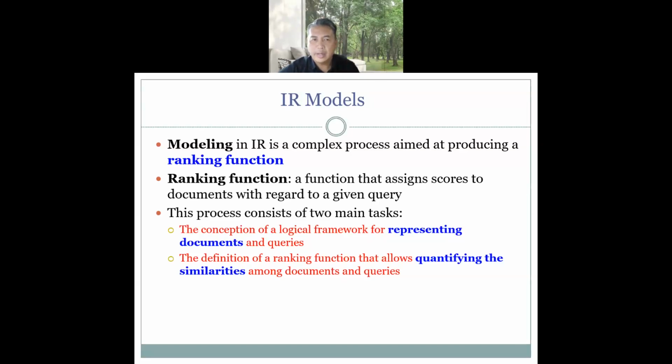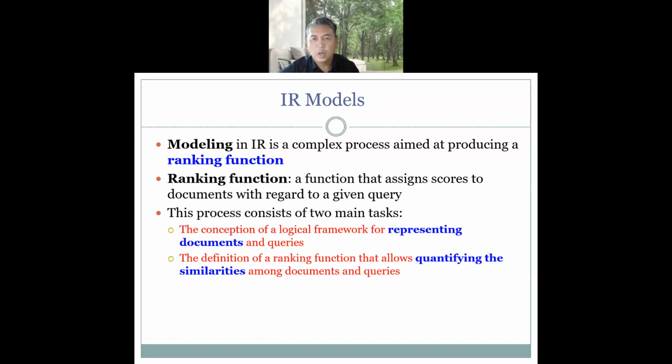Okay, so once we have that logical framework, then we will be able to quantify the similarity among documents and queries. This is very important because if we do not have the logical framework, how do you quantify the differences or similarities between document and query?